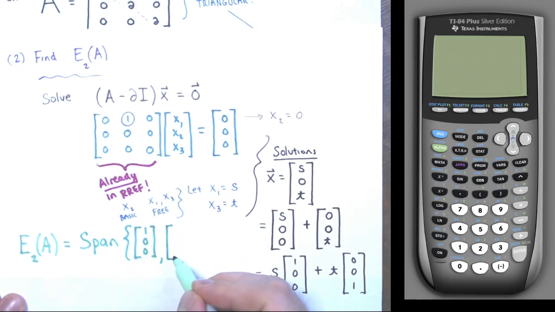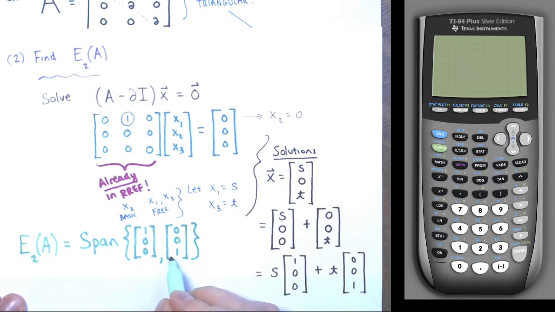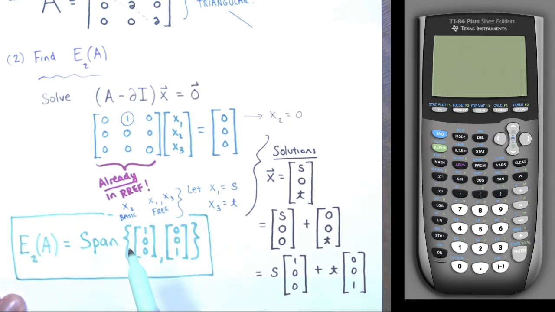That's what the span means. It's the set of all linear combinations of these 2 vectors. Now again, this set does include the 0 vector. I know the 0 vector is not an eigenvector, but any non-zero vector in here is an eigenvector corresponding to 2.